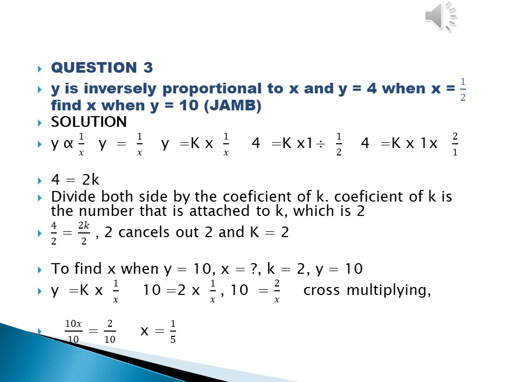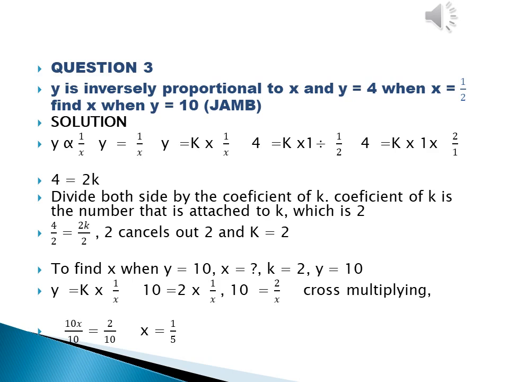So Y will be equal to K multiplied by 1/X. 4 will be equal to K multiplied by 1 divided by 1 over 2. 4 will be equal to K multiplied by 1 multiplied by 2 over 1.